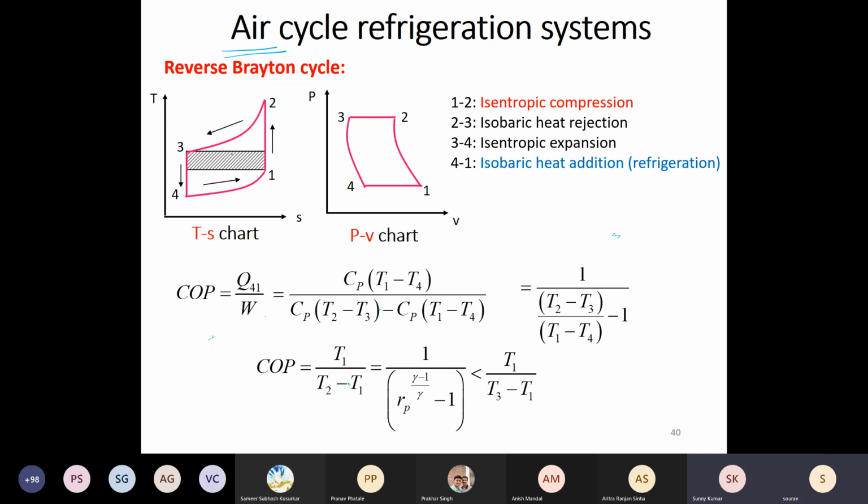Okay, so this shaded line shows you the comparison of a Carnot cycle and the reverse Brayton cycle. This is how the Carnot cycle would have looked, operating between T1 and T3.